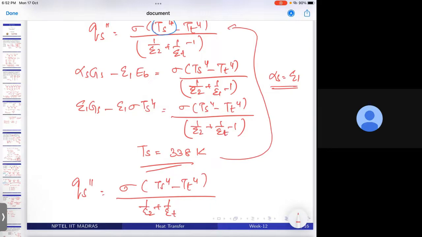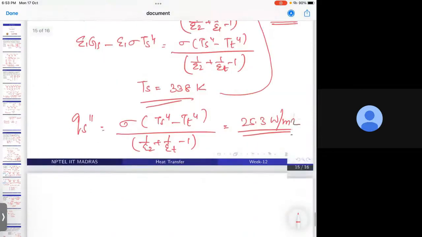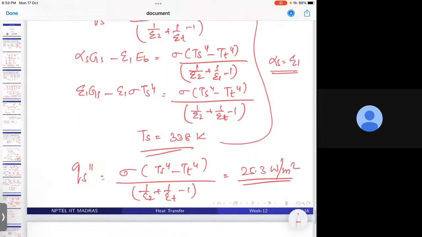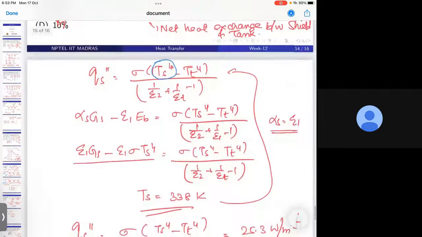If you substitute, you will get the answer as 25.3 watts per meter square. After this point it is just a substitution of the values.